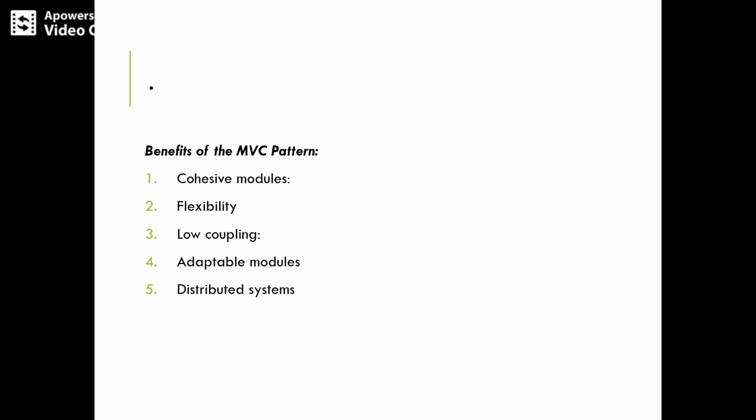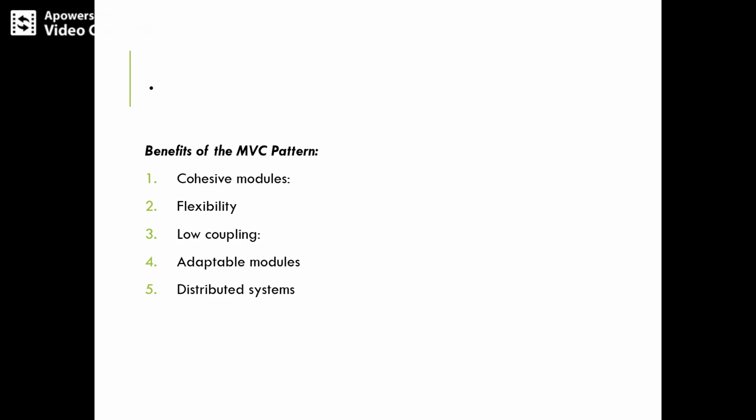Next, followed by distributed systems. In an MVC pattern, the object-oriented concept can be deployed on the web, which is very helpful and a great benefit of the MVC pattern. Since modules are separated, it is possible that the three subsystems, the model, view and controller, are geographically separated.